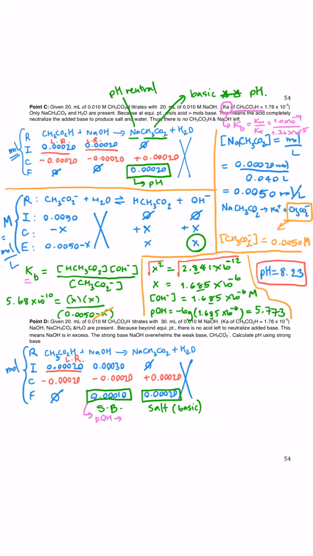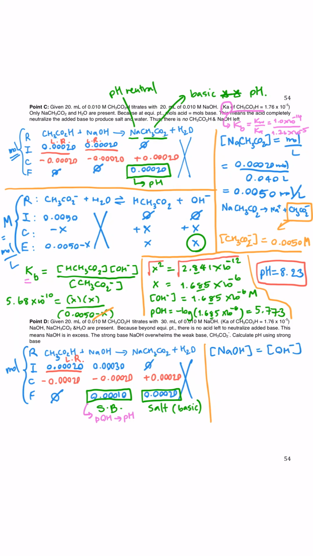Then you are going to convert that into pH at the end. And we know that pOH is the negative log of the concentration. Therefore, we will need to first find out the concentration of sodium hydroxide present in the solution, because the concentration of the strong base sodium hydroxide will equal the concentration of hydroxide ions.